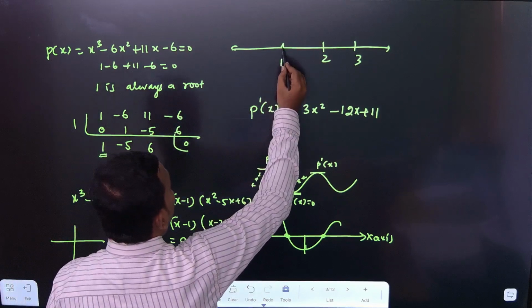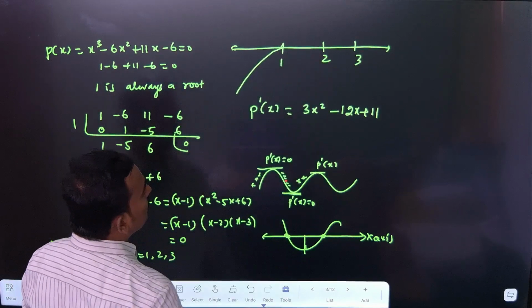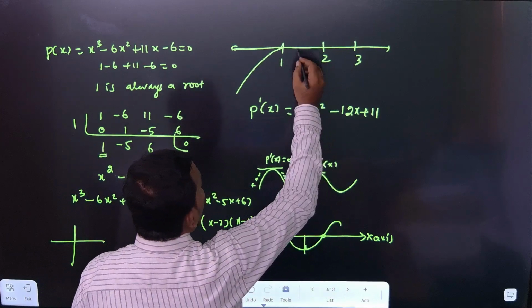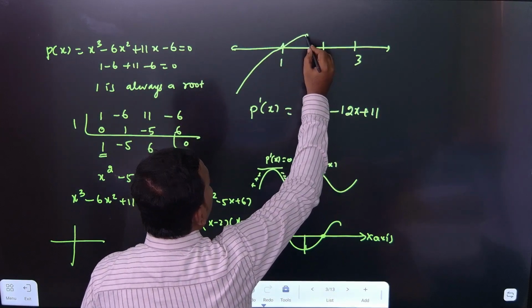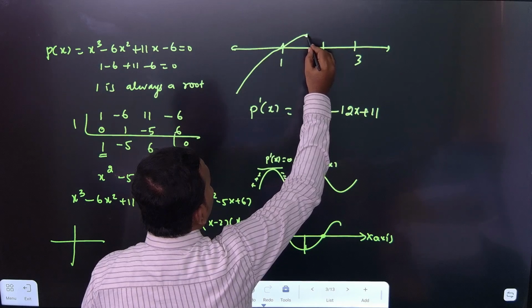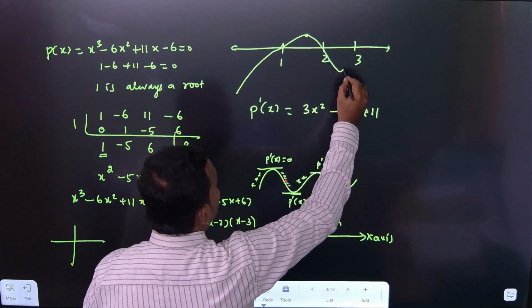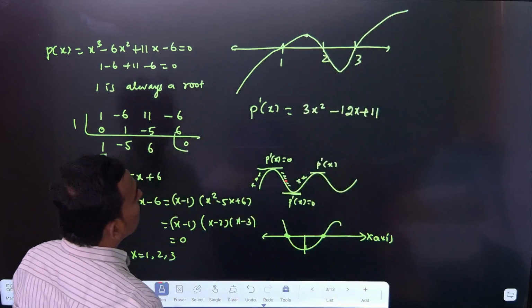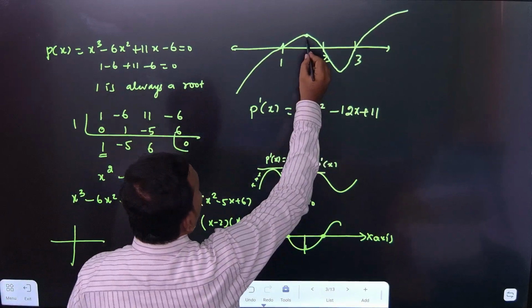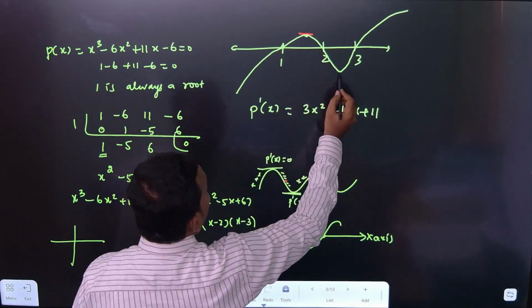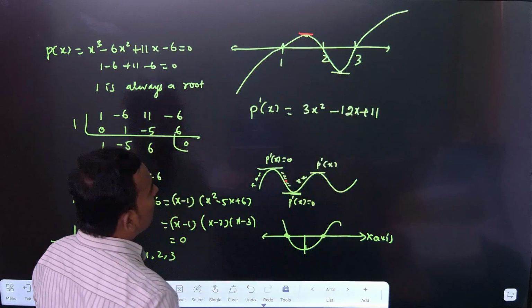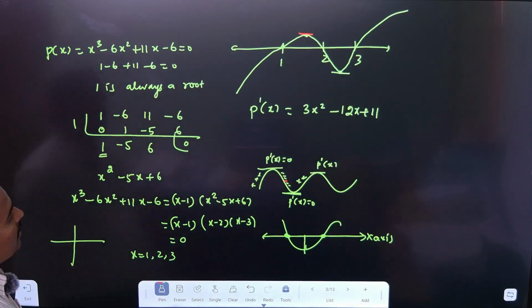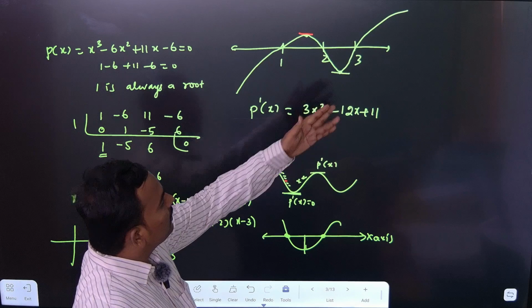So, increasing here, and then it will be constant and crossing like this. It will be going like this, right? Because you can see here one turning point, here is another turning point. Two turning points would be there. After 3, 4, 5, you can see it will be increasing only.